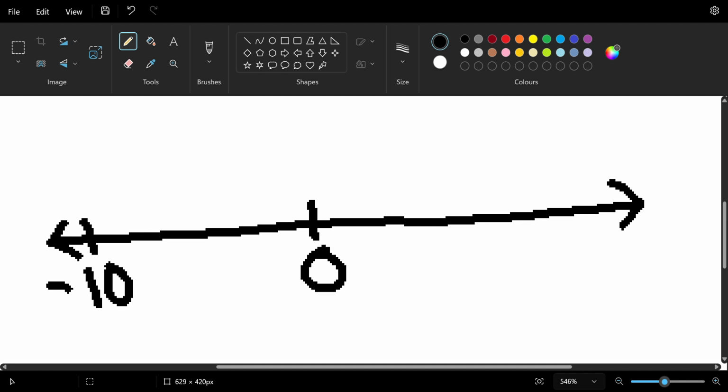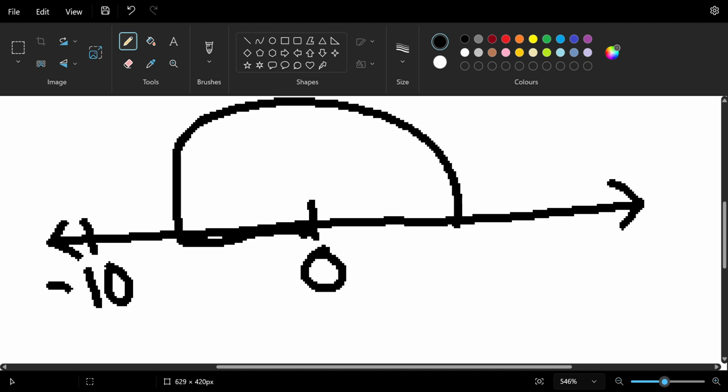Let's say you have both negative numbers. A negative number times a negative number is always a positive number. Let's say here's a negative number and you multiply it by a negative number. You get back a positive.